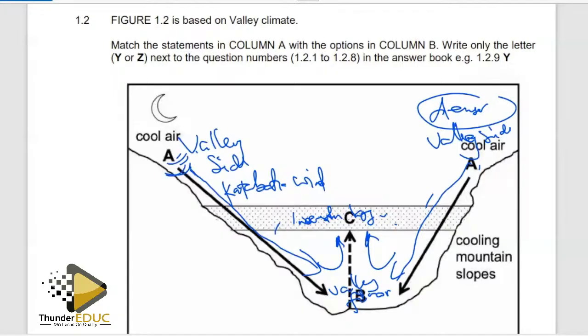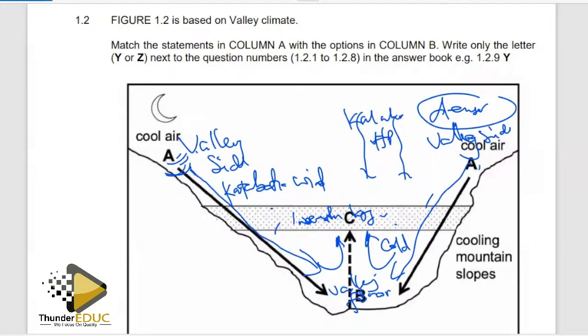At the bottom, there's sinking cold air coming from the valley side, and we are looking at winter conditions here. We also have sinking air from the Kalahari high pressure cell, and also cold air at the bottom of the valley, which has been created by gravity from the sides of the valley.